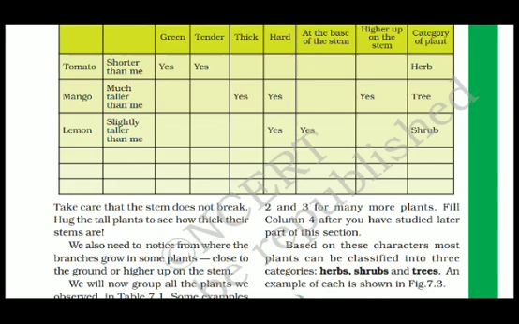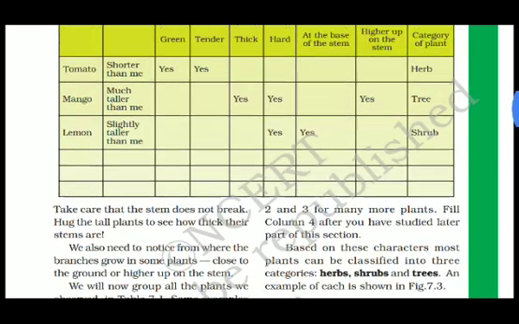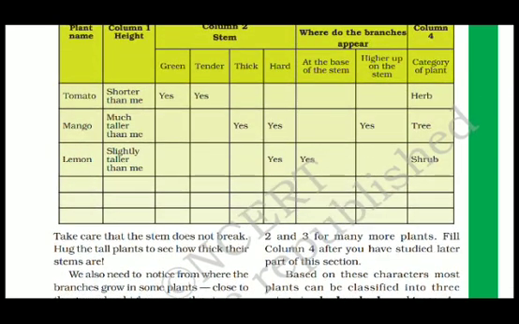So like this we classify the plants as herbs, shrubs and trees. You know that herbs have a green and tender stem and only a small amount of branches. Shrubs will be slightly bigger than you or of the same height as you, and have a hard but not very thick stem, with branches from its base.